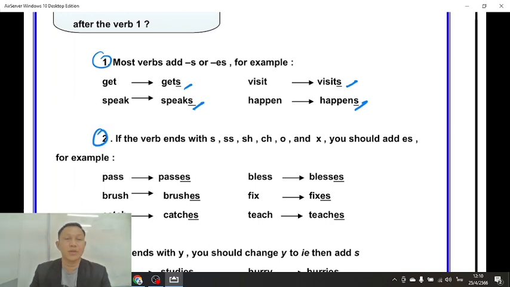2. If the verb ends with s, double s, sh, ch, o, and x, you should add es.